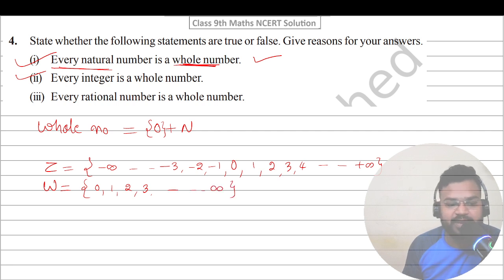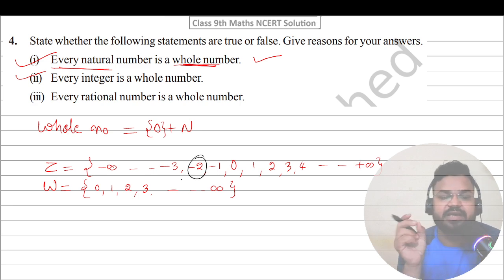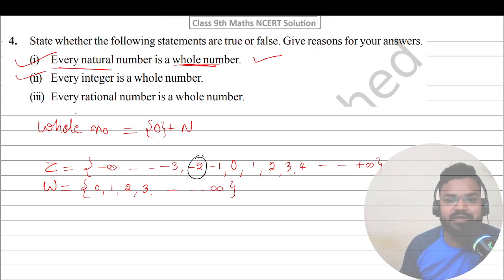So here you can see minus 2 is an integer, but it is not a whole number. Clear? So every integer cannot be a whole number. This one is false.